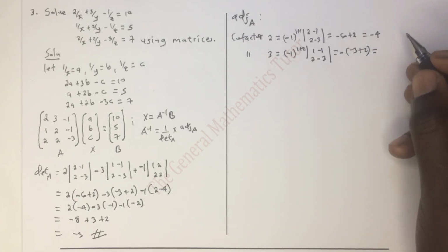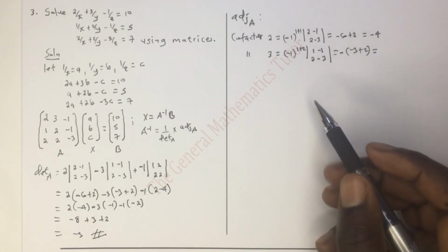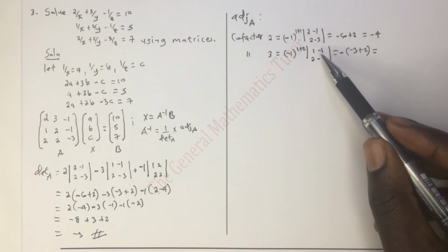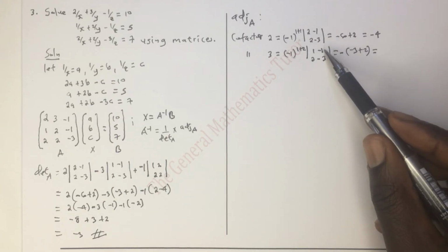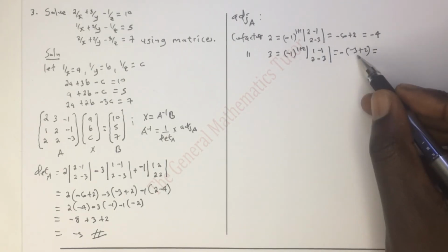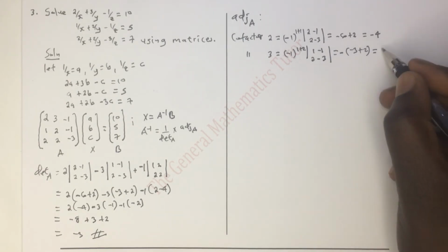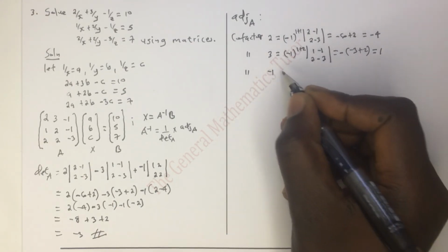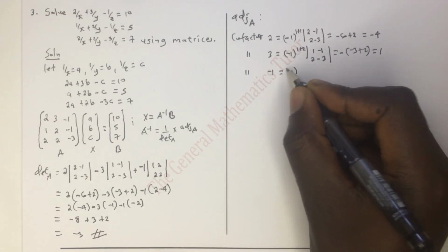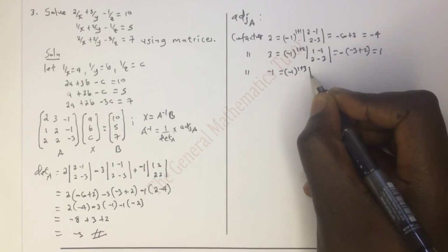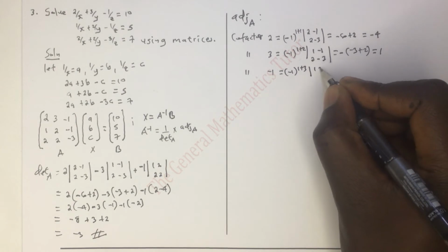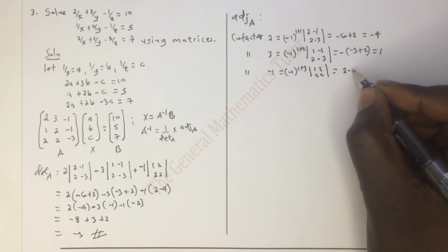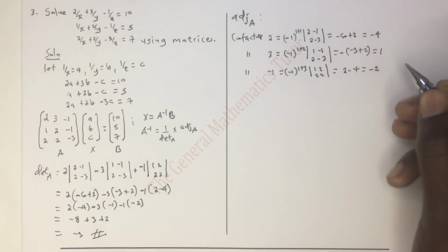So that is positive 1, because this is negative already, and then in the bracket we have negative 3 plus 2, that is negative 1, so that is 1. Then the cofactor of negative 1 is in row 1, column 3, and the 2 by 2 matrix is 1, 2, 2, 2. So this will be positive, so we have 2 minus 4, which is just minus 2.